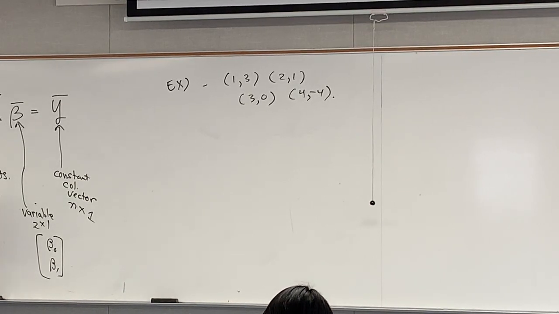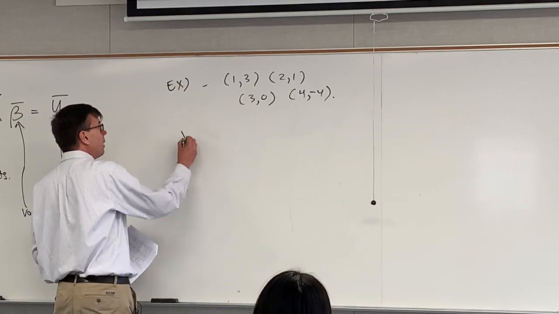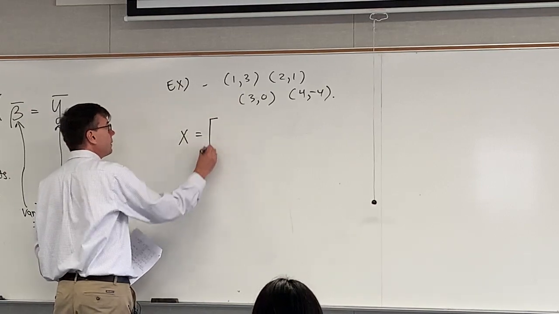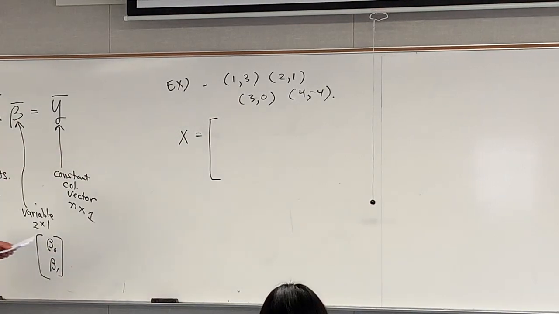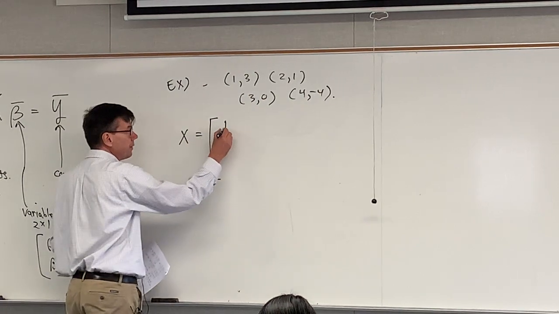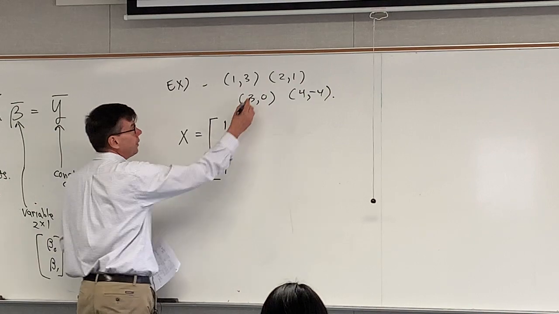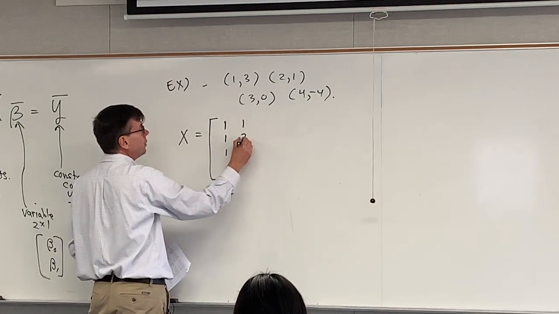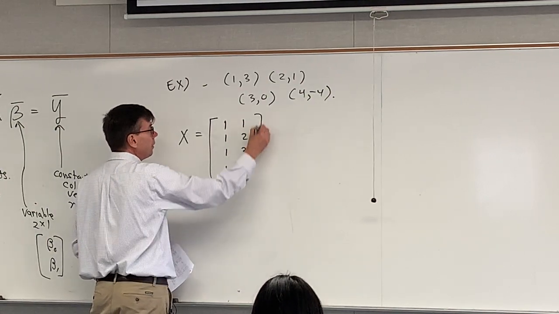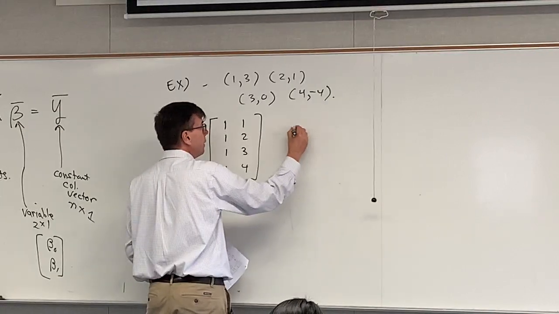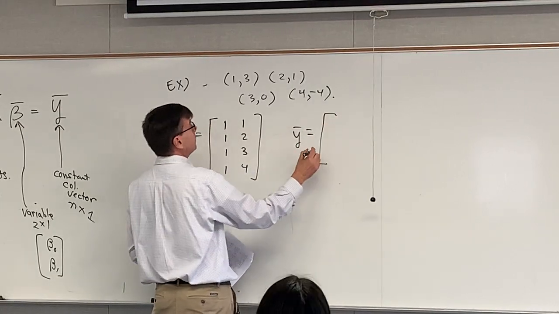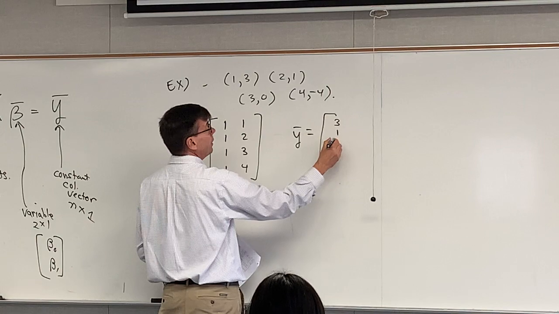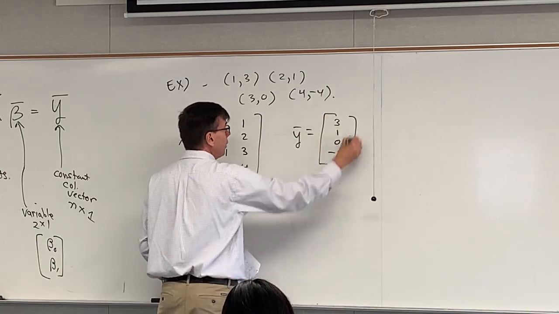And so my X matrix is going to be 1s in the first column with the X coordinates, the points 1, 2, 3, 4, 5, 6, and the y values 3, 1, 0, -4.